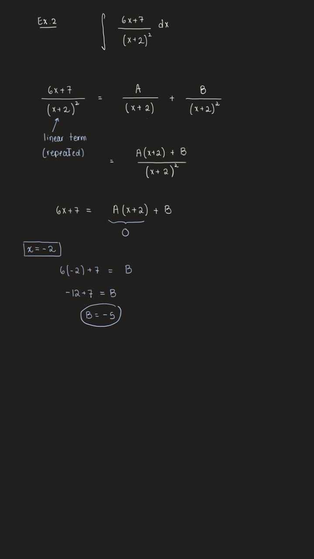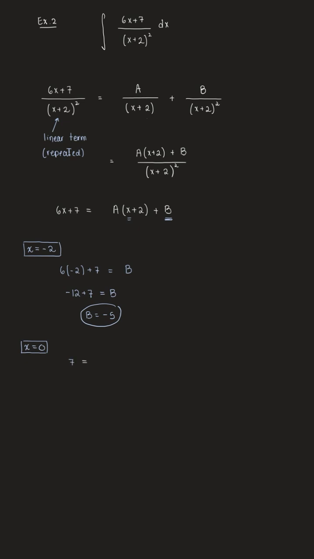Okay, and now we can put in any other value of x and use our value of B so that we can solve for A. An easy value for x, I'm just going to put in 0. On the left side, 0 times 6 is 0, so we'll just have a 7.